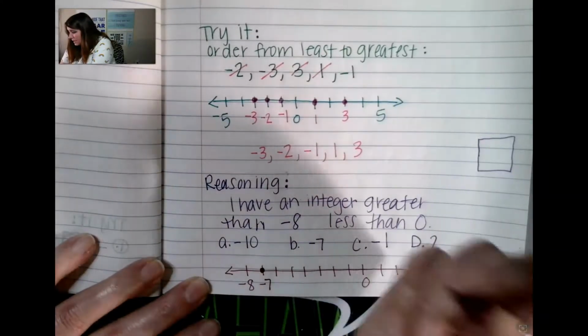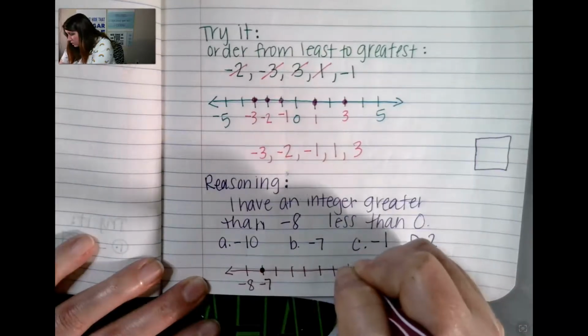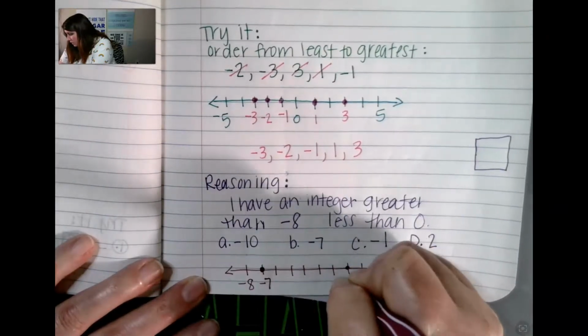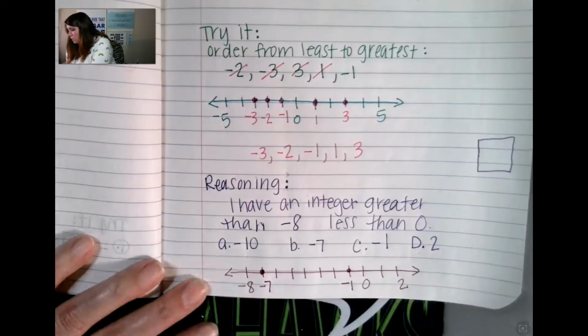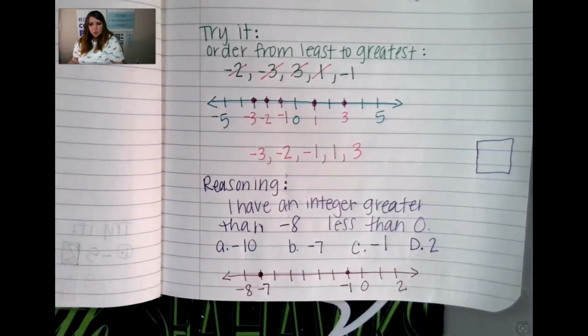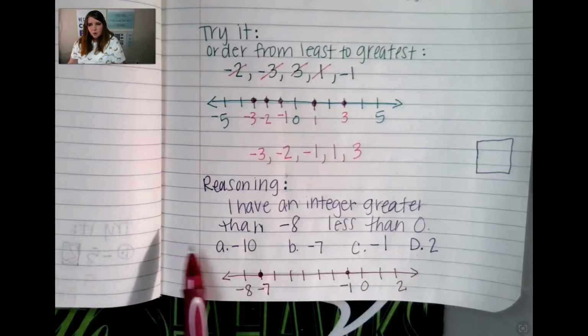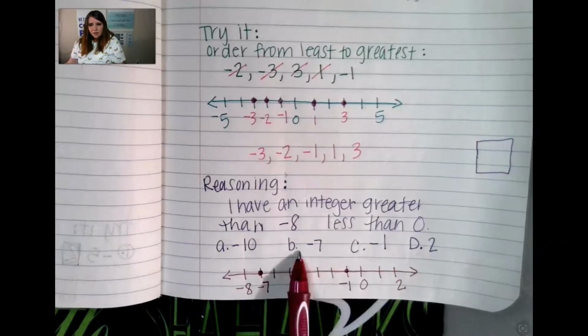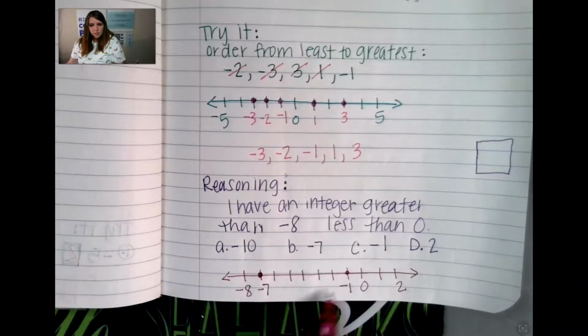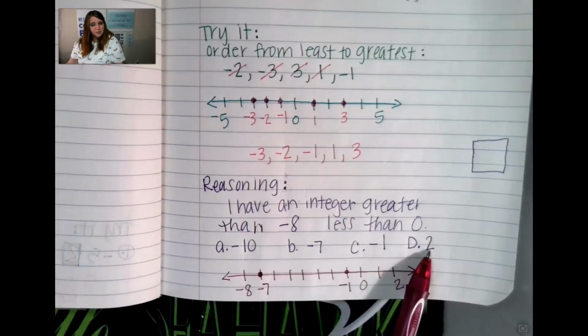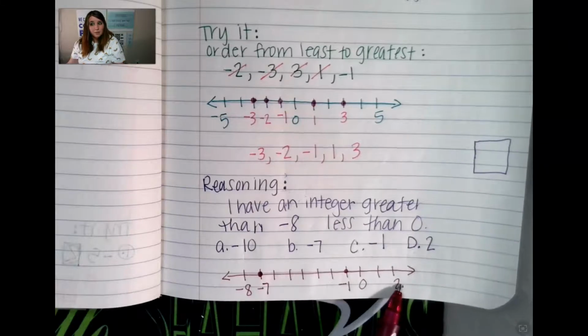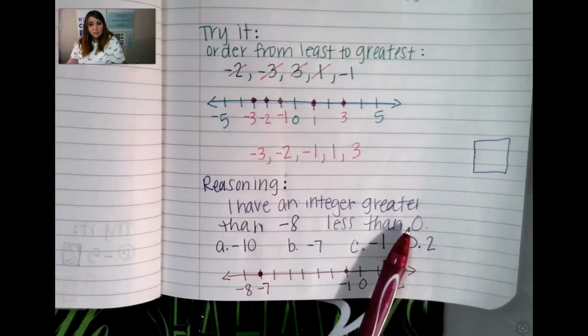So we want to know what is the greatest possible integer. So -1 is right here, and 2. We want to know what's the greatest possible integer in this list. Well, -7 and -1 are both contenders because they're both in between -8 and 0. This one doesn't work because it's way bigger than 0, so that doesn't fit the criteria.